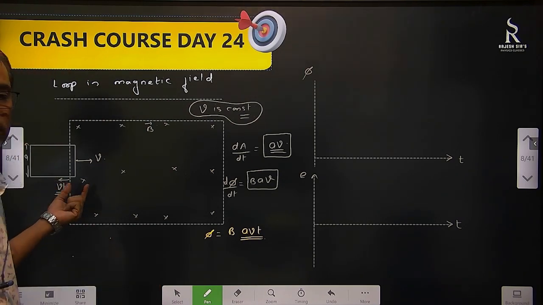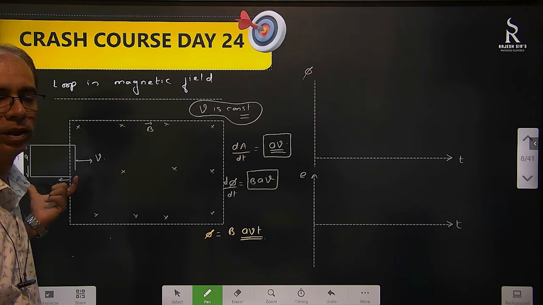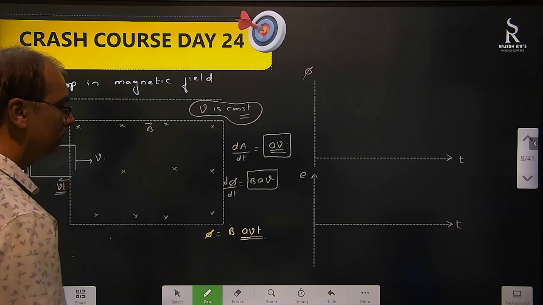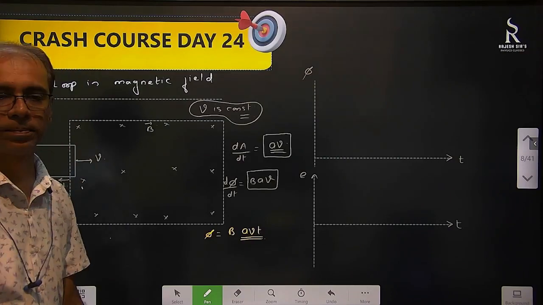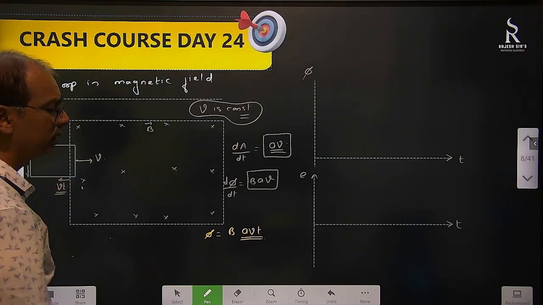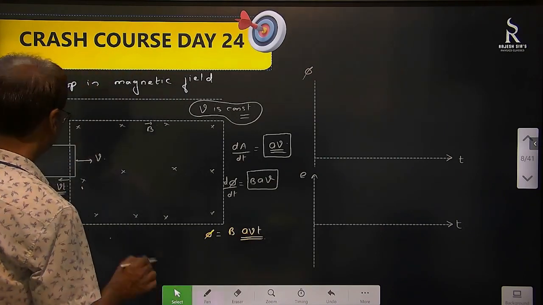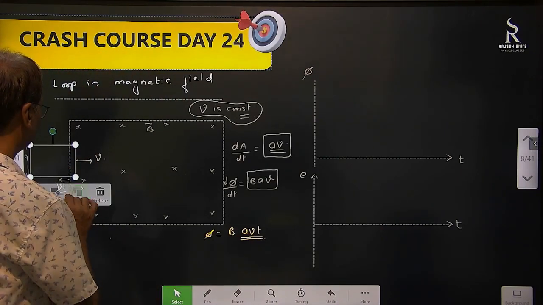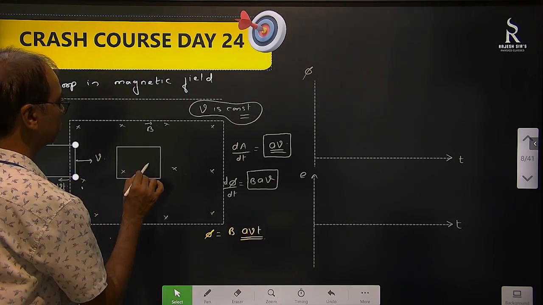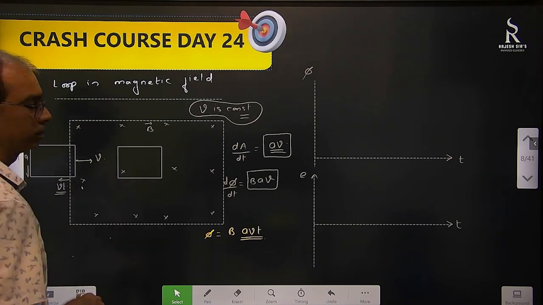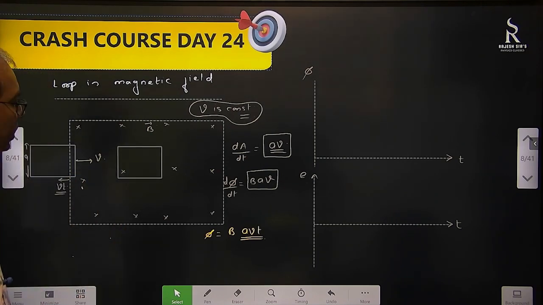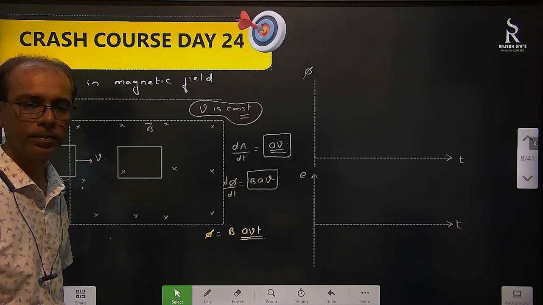First it is v, then 2v, then 3v, then 4v, then 5v, like that, till the entire area is inside. Once its entire area is inside, then flux is maximum. So we will make it over here. Now how much is this length? Entire length we can write.